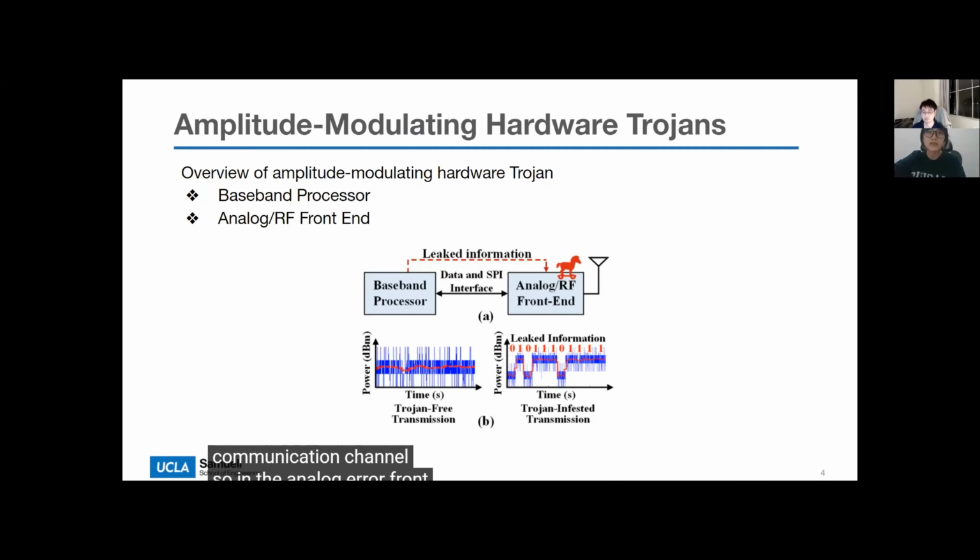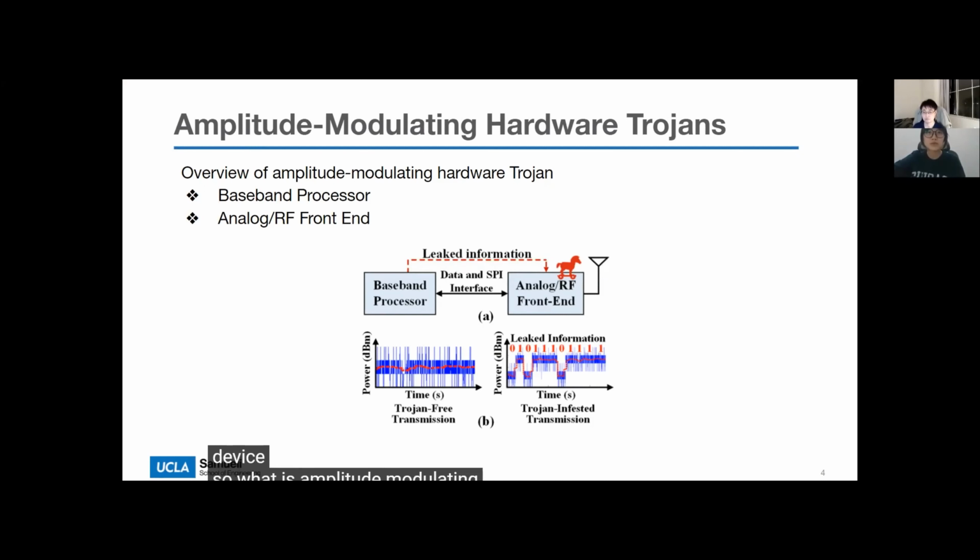In the analog RF front end, in particular, hardware Trojans can exploit the margin we mentioned before to systematically modify the parameters of the transmitted signal, such as the amplitude, frequency, phase, or a combination of these three, to leak sensitive information from the target device.